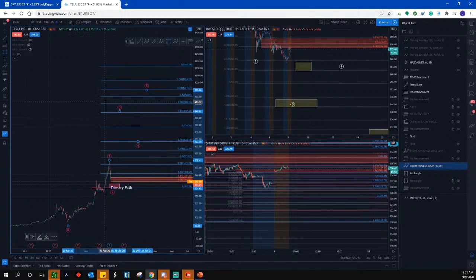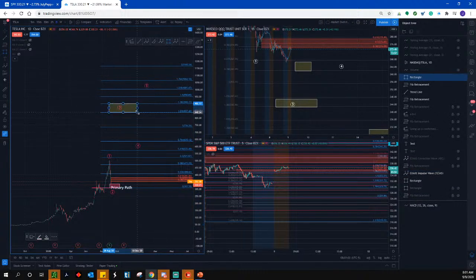I swear, I'm always drawing blanks on where my tools are at. So there's wave 3, 837 to 900.